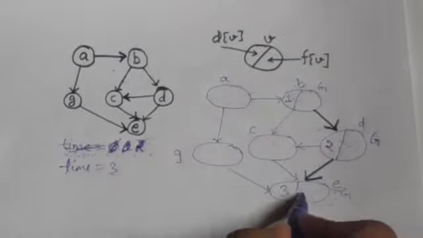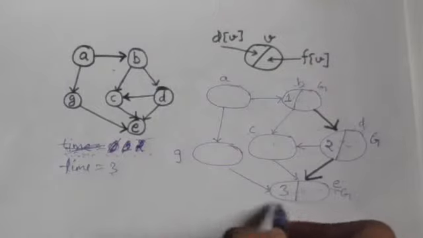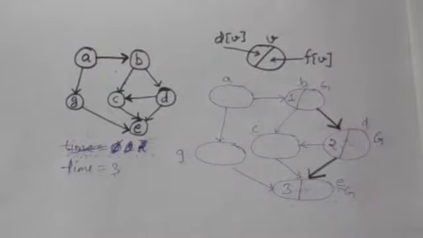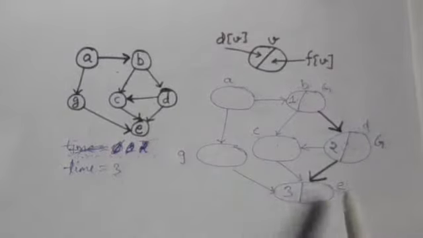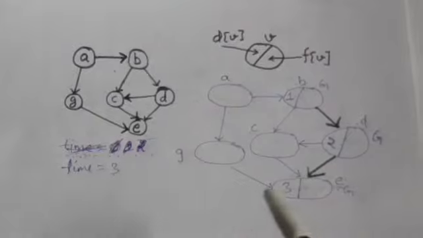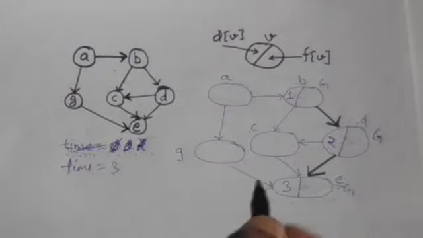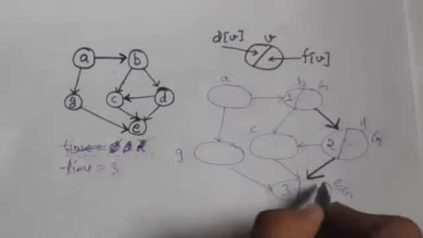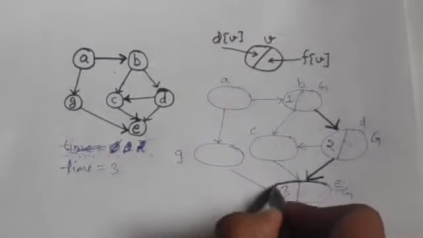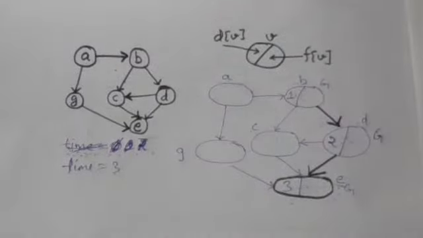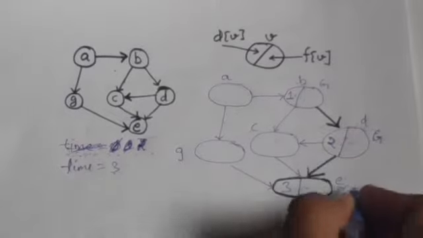Now vertex E doesn't have any adjacent vertex, right? So there is no adjacent white vertex to vertex E on which we can call depth first search visit function, right? So what will we do? We will set the color of this vertex E black, right? We will change the color of this vertex E from gray to black, right?